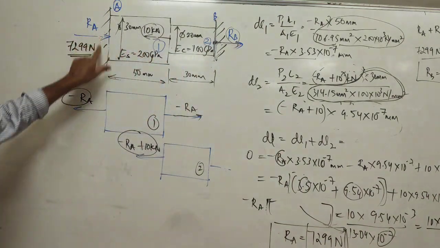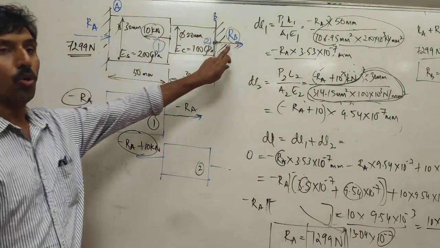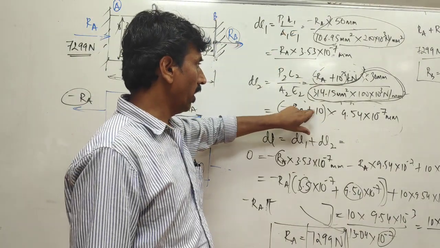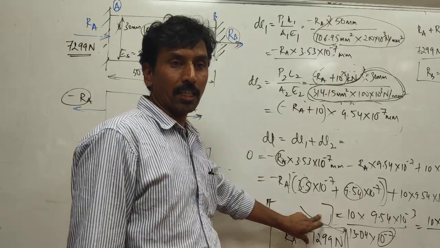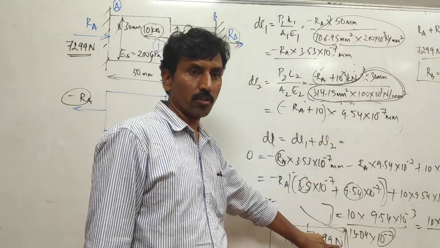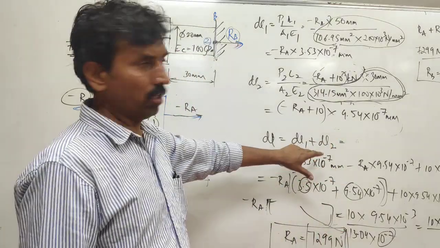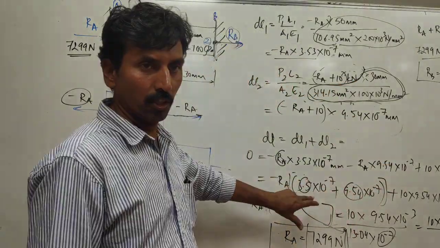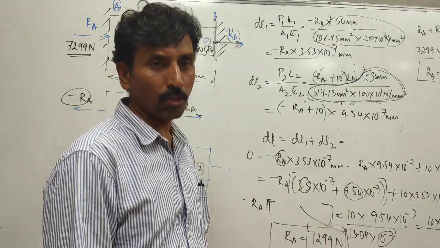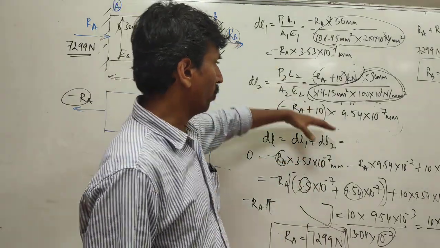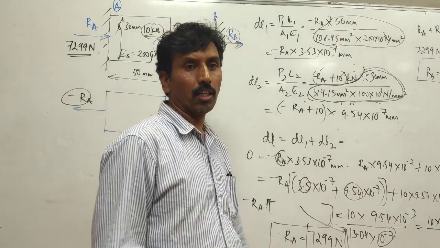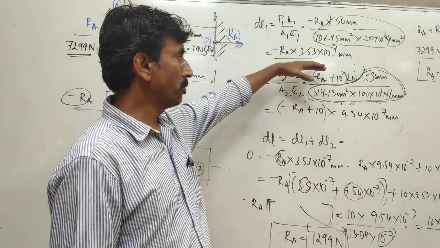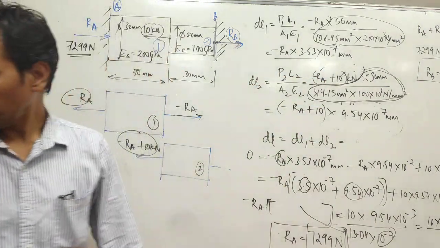One is expressing this in terms of either RA or RB, and next substituting this RA, making an equation and trying to mathematically solve this. Even I relied on you and wrote something wrong, and I actually messed up here. So please be careful, practice these problems once or twice, because even if you solve it and don't get the right answer, then you lose around 60% of the marks. Okay? So please practice this twice or thrice.